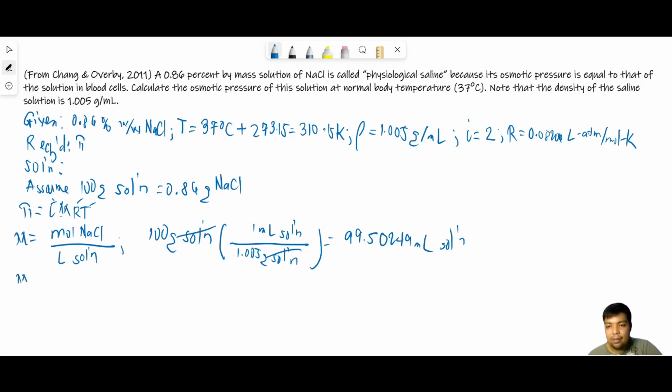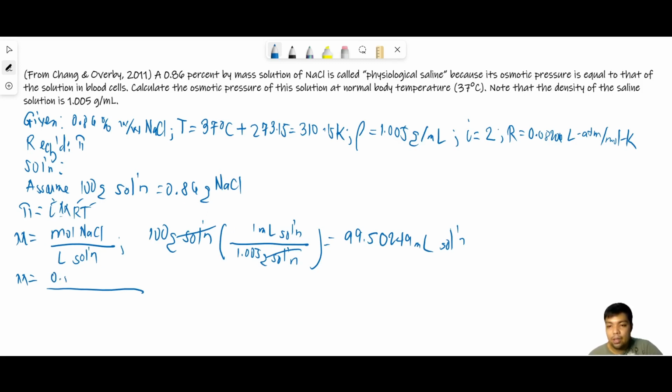So your molarity is equal to moles of your sodium chloride, which can be obtained from this amount of sodium chloride present in 100 grams of your solution, and we convert this to moles using its molar mass.